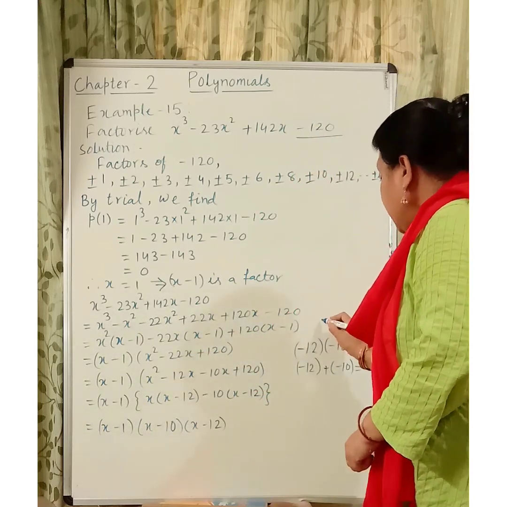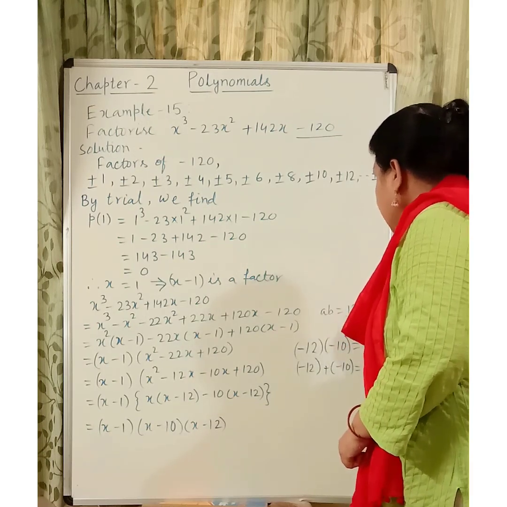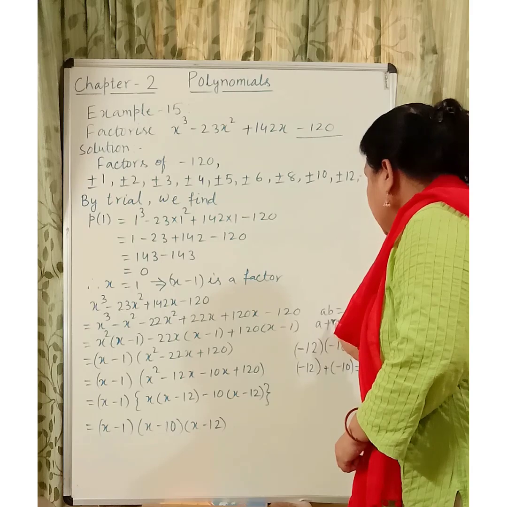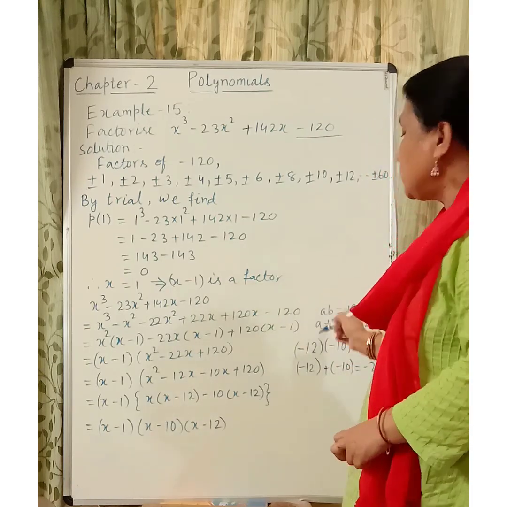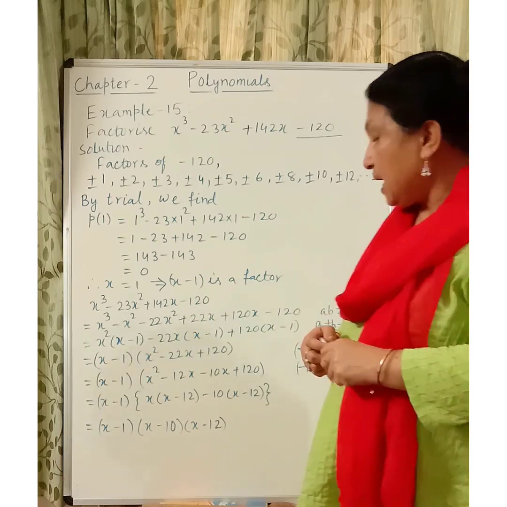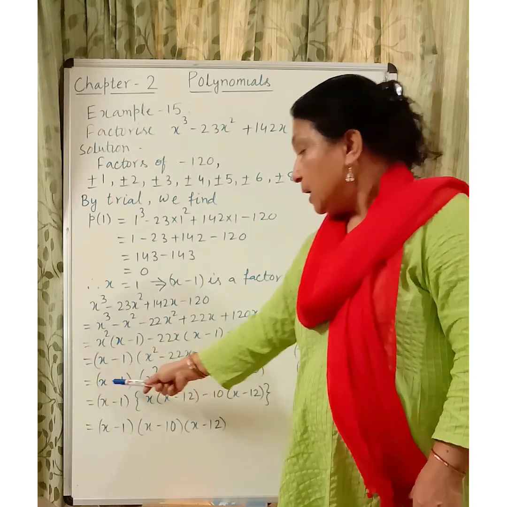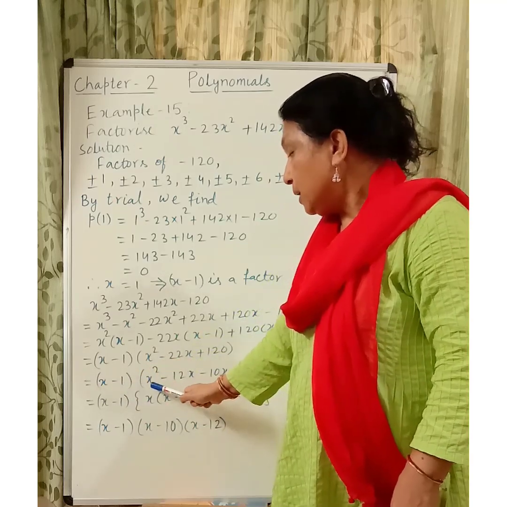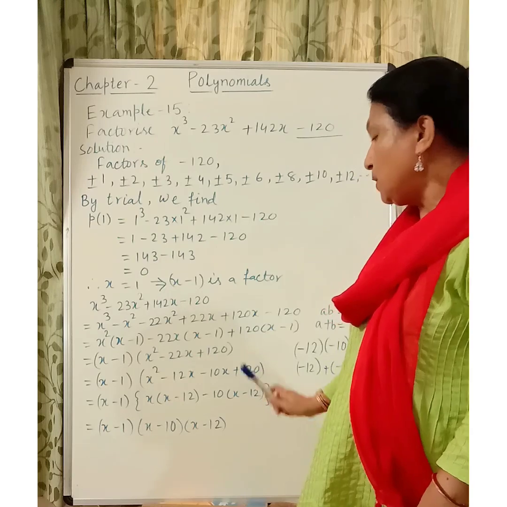Your AB is 120, and your A plus B is equal to minus 22. This is splitting the middle term. So we have simplified further to x minus 1 into x square minus 12x minus 10x plus 120.